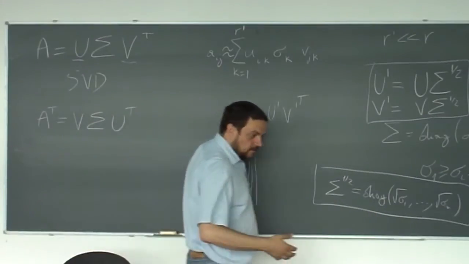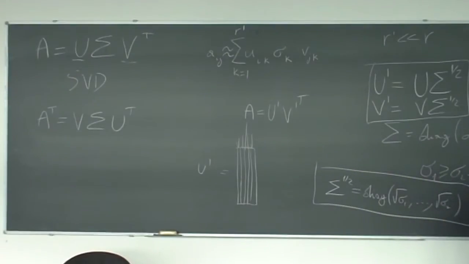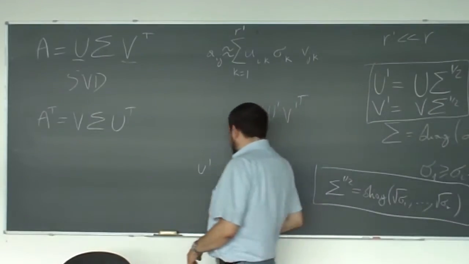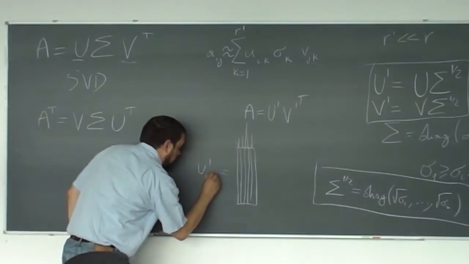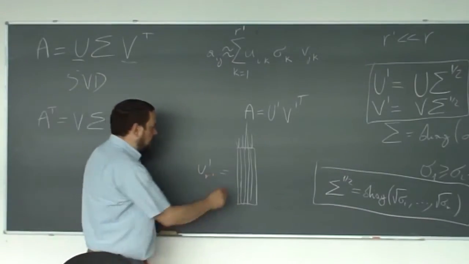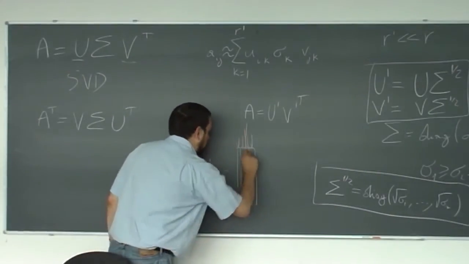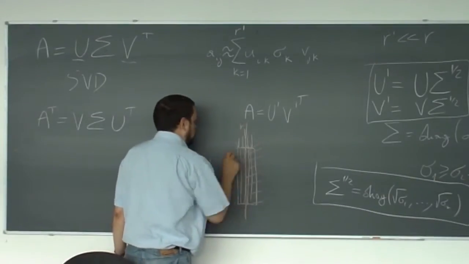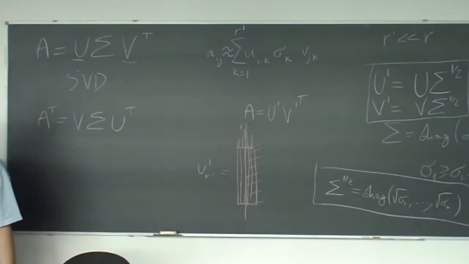So, also in this case, exactly as we did with the original formulation of SVD, we can take an R prime approximation of U prime by removing all columns after column R prime.